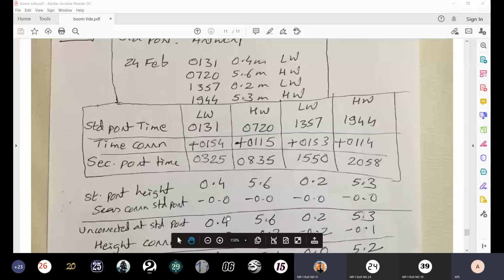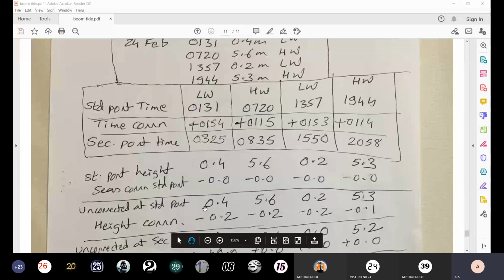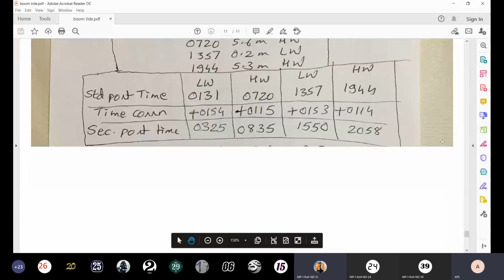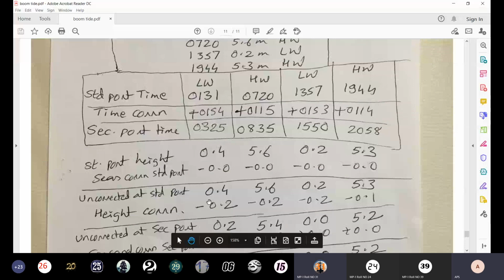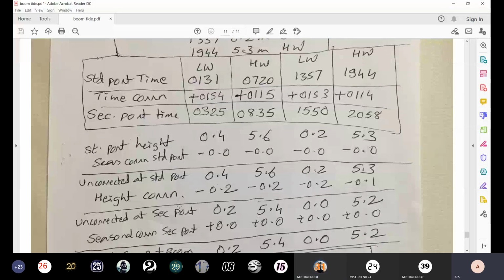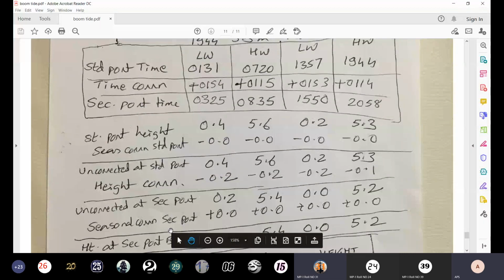So get uncorrected, then apply height correction, and you will get uncorrected at secondary port. Then apply seasonal correction. Add. Remember the Delhi tax was added. Mumbai price, remove Mumbai tax, factory price, then add Delhi tax. Same thing we are going to do here.